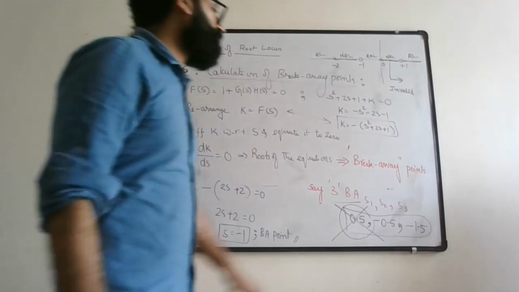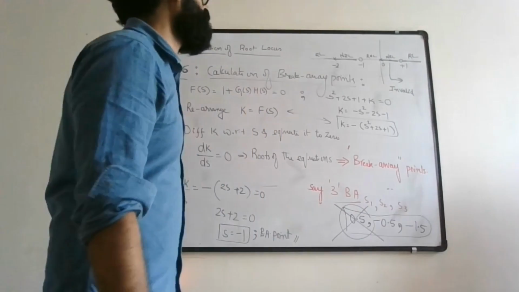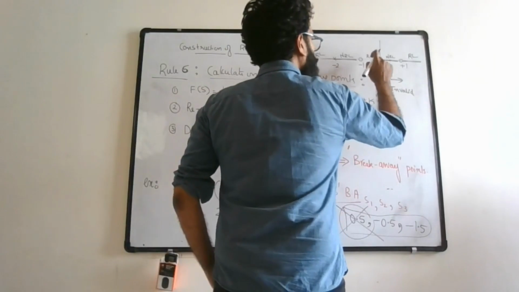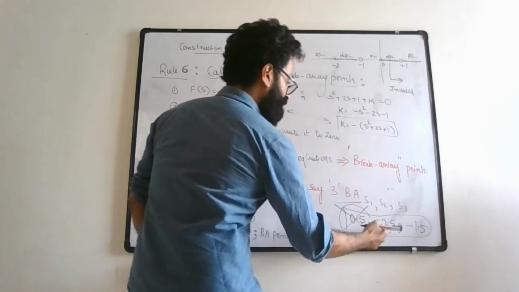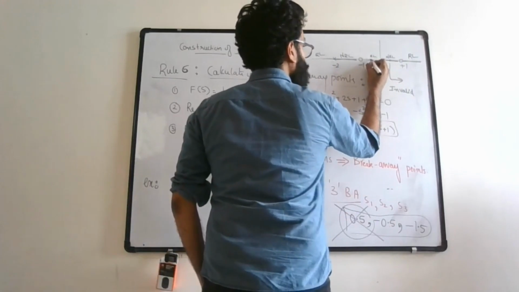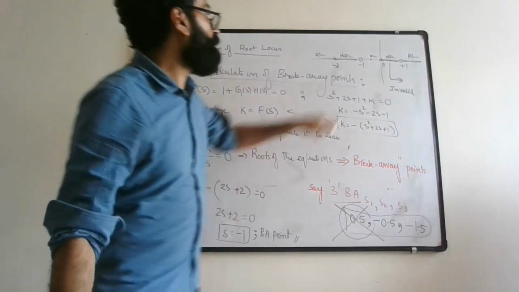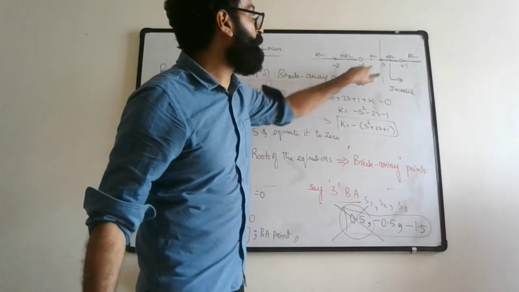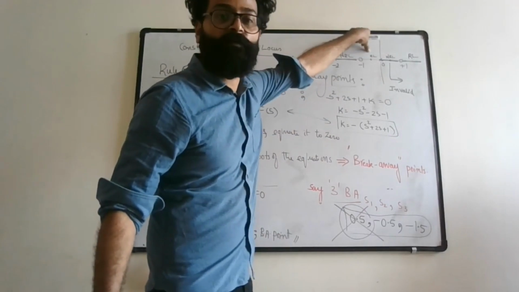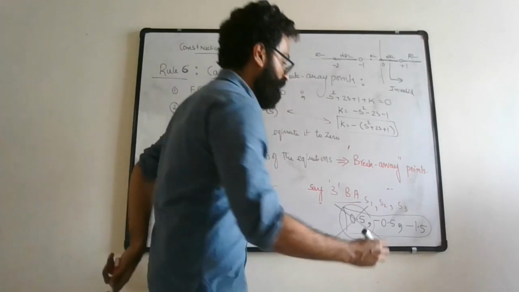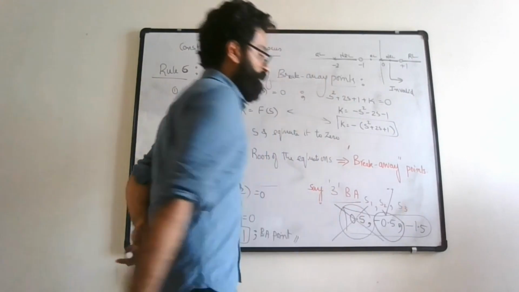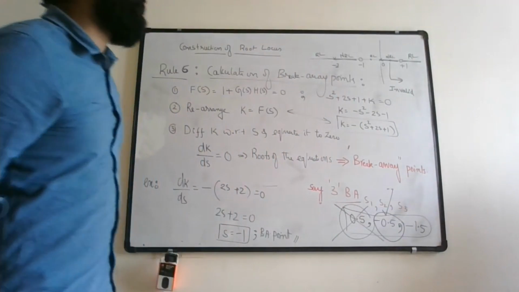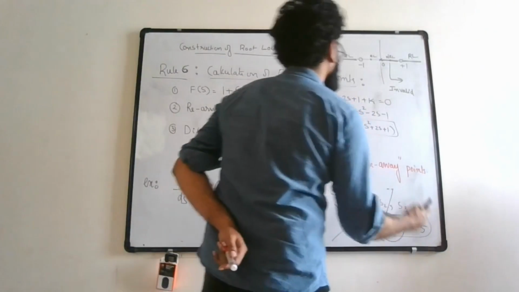Fine. Next we come to minus 0.5. Where is it getting placed? It is getting placed somewhere over here. Between 0 and minus 1, what do we have? We have the valid root locus branch. So minus 0.5 is a valid breakaway point. And then you come to minus 1.5.